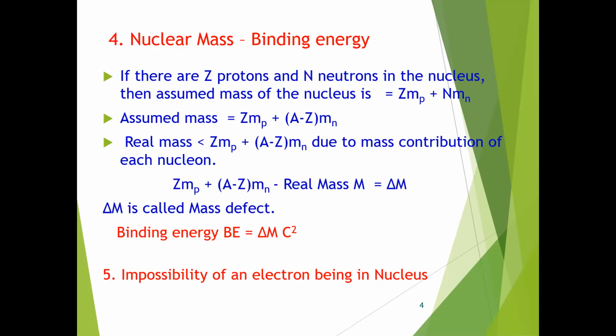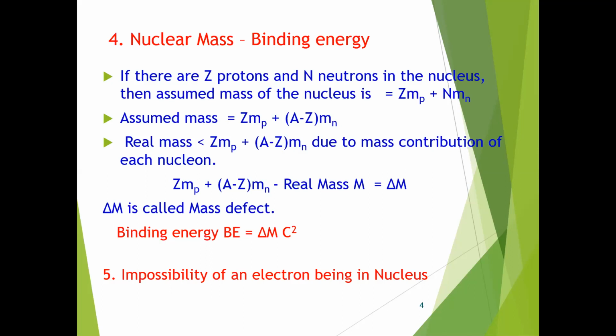The more accurately you know the position, delta x, the less accurately you know the momentum, because delta x times delta p is equal to h bar by 2, that is, h by 2 pi. So if you know the position correctly, we cannot know the momentum exactly. Likewise, if you know the momentum correctly, we cannot calculate the position correctly.